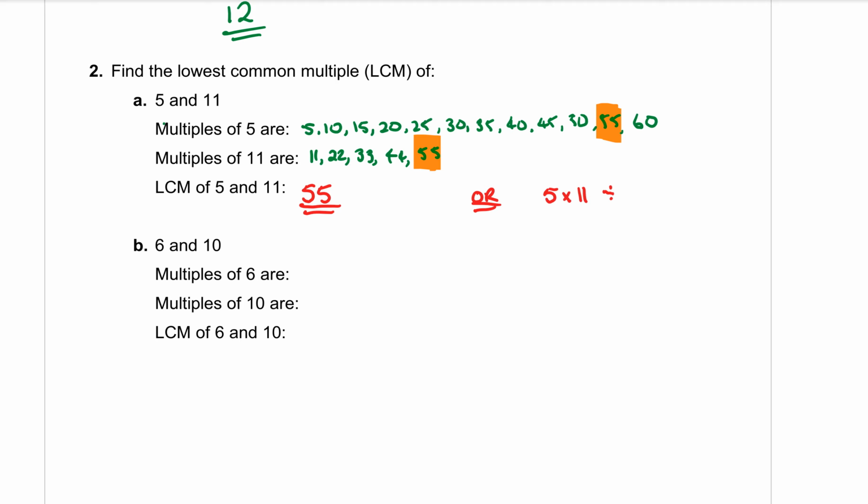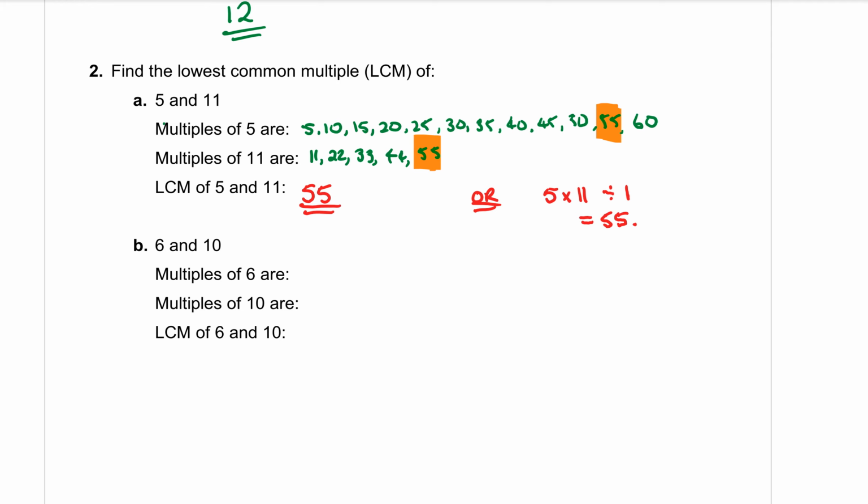Now the highest common factor of 5 and 11, there's not very many factors in common. 5 only has two factors, 1 and 5, and 11 only has two factors, 1 and 11. So the highest common factor is actually just 1. So if we work that out, 5 times 11 is 55, and divide that by 1 is still 55. You get the same answer.